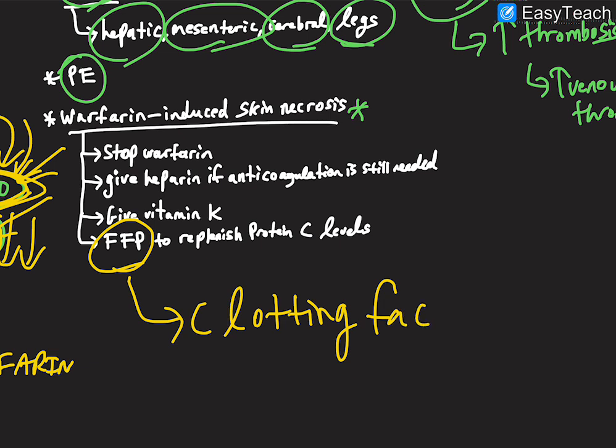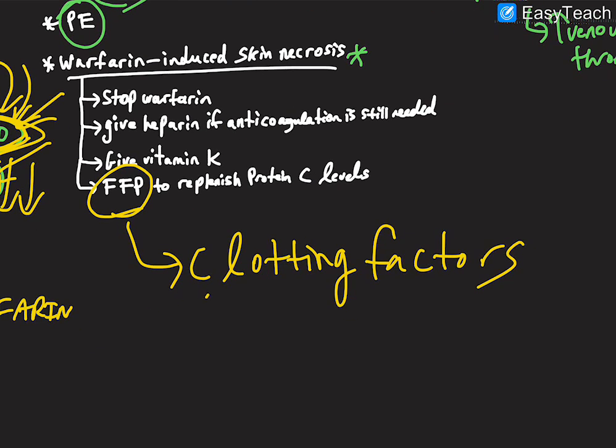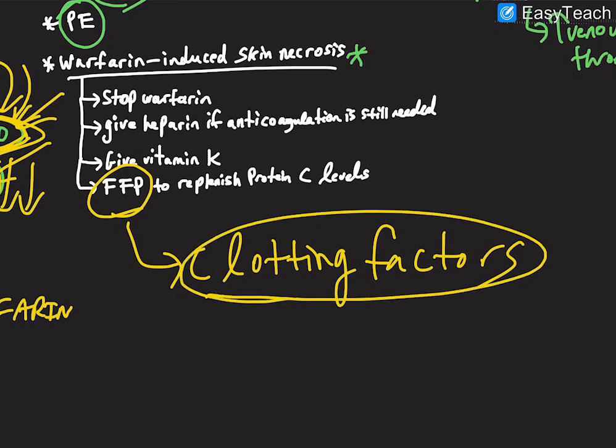So if there's a condition where you're consuming your clotting factors at an excessive rate, or if you give too much warfarin, which means you inhibit factors 2, 7, 9, and 10 and protein C, then you can give fresh frozen plasma, which contains clotting factors like factors 2, 5, 7, 9, 10, 11, 12, and fresh frozen plasma contains protein C. So you replenish protein C and protein S via fresh frozen plasma.